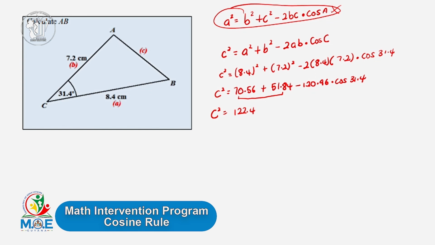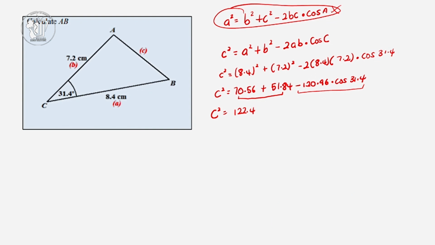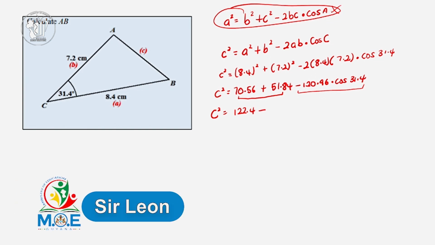Now we can multiply 120.96 by cos 31.4, treating it as a negative. That would give us a negative 103 point, we can round our number off correct to 2 decimal places, 0.25.